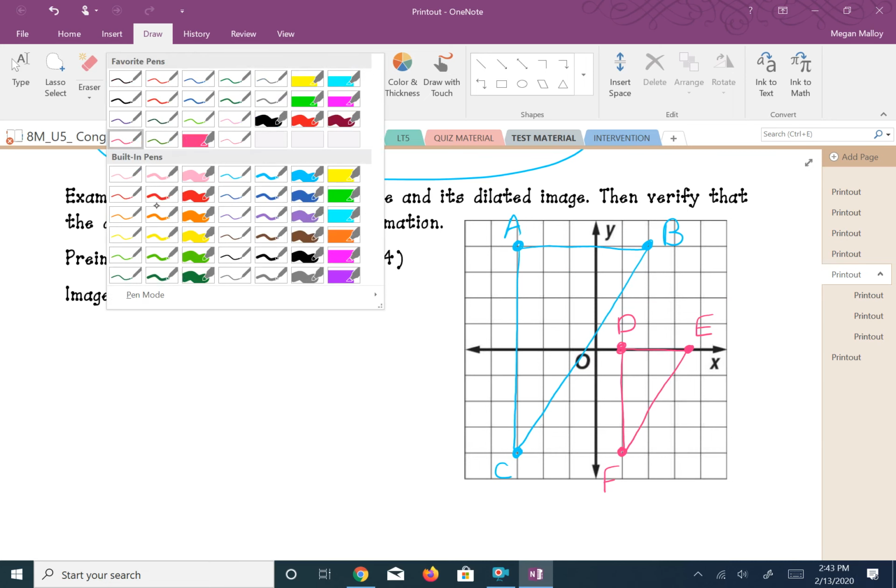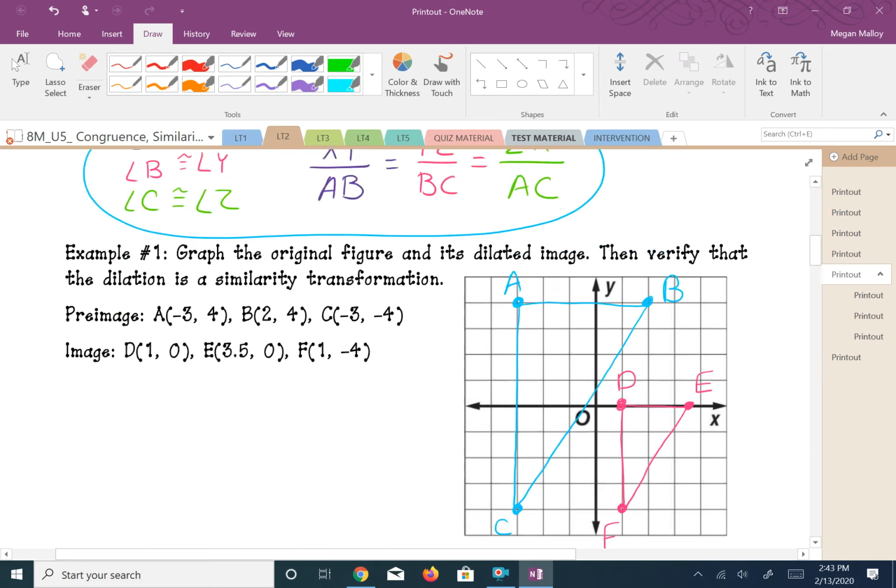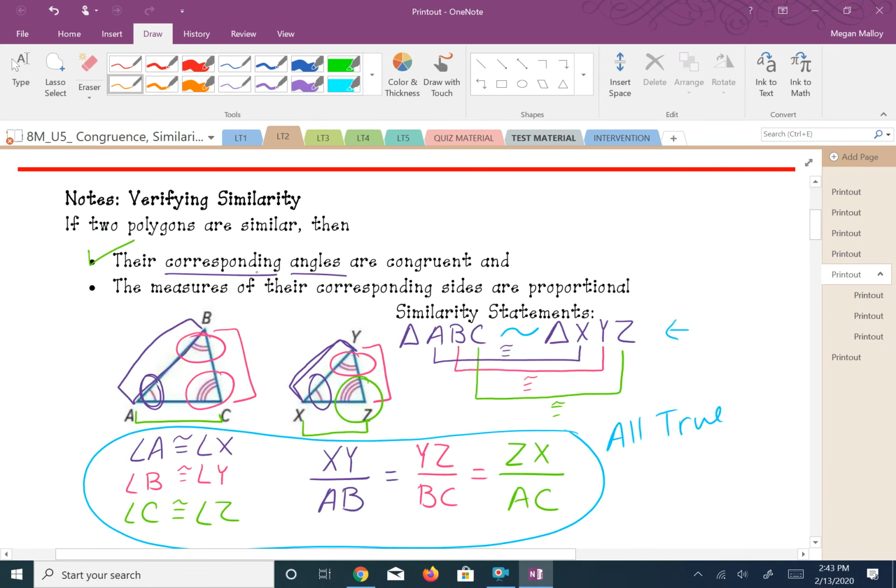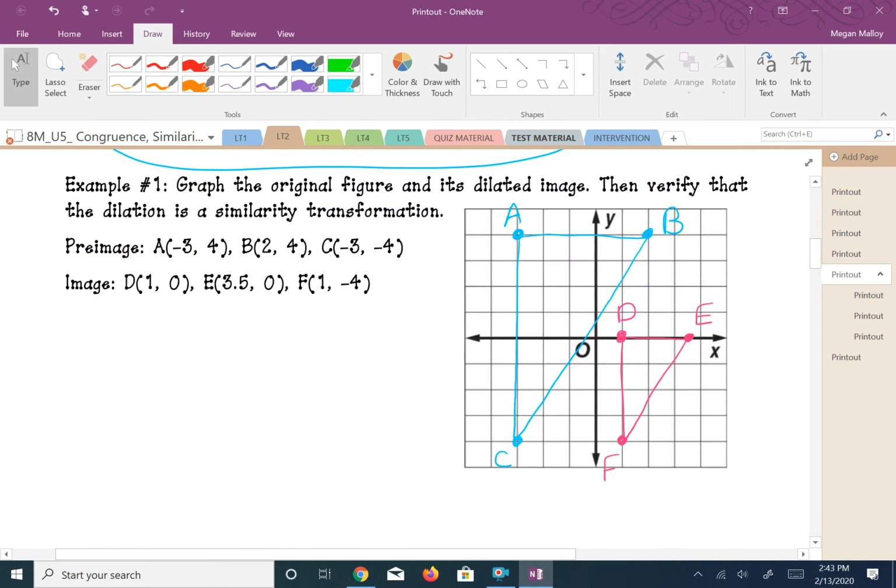So the first thing that I want to look at is, are the corresponding angles congruent? Well, I can see that angle A and angle D are both right angles, and we know all right angles are congruent.